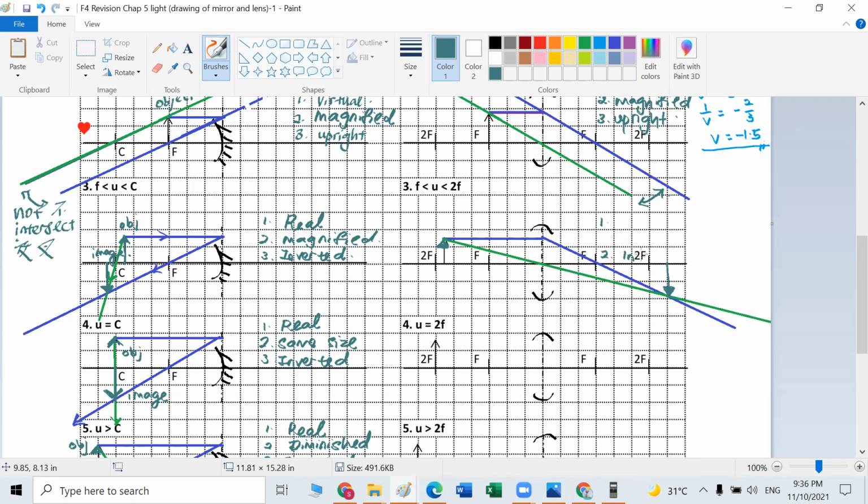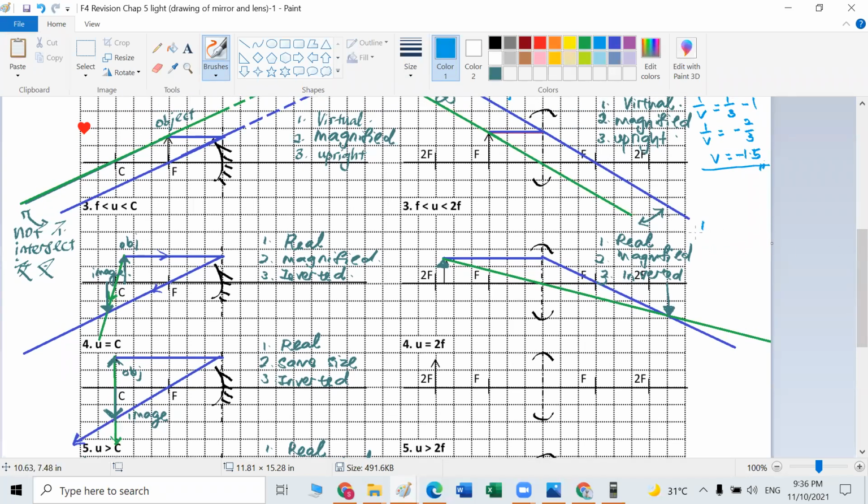Sorry, it's inverted. When it's inverted, it's real. It's supposed to form behind the lens. Magnify, the size is bigger.